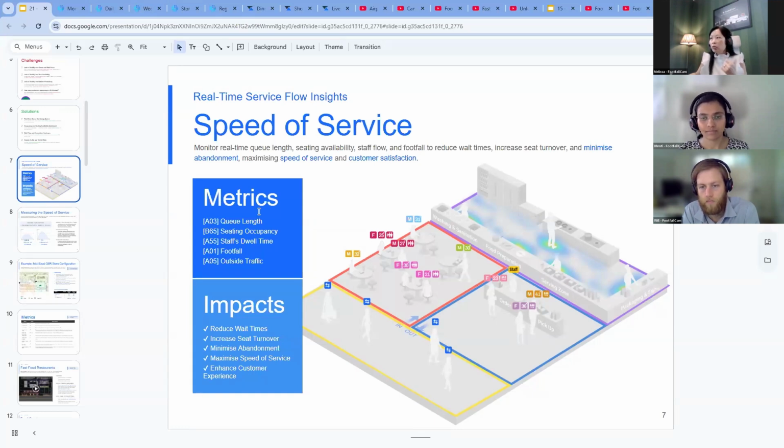Metrics like queue length, queuing to order, queuing to pick up, seating occupancy, how long they're sitting there, the staff dwell time in the different key zones, the footfall that comes in, the outside traffic.